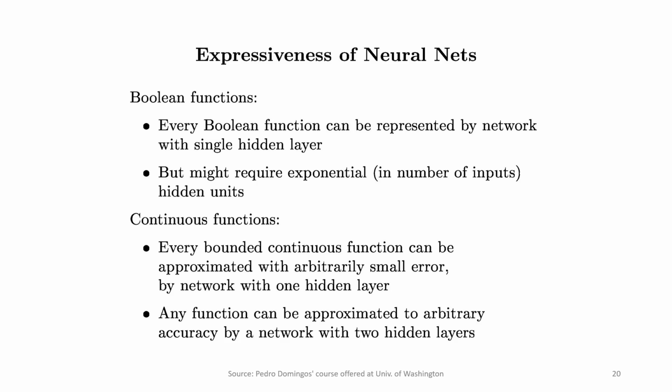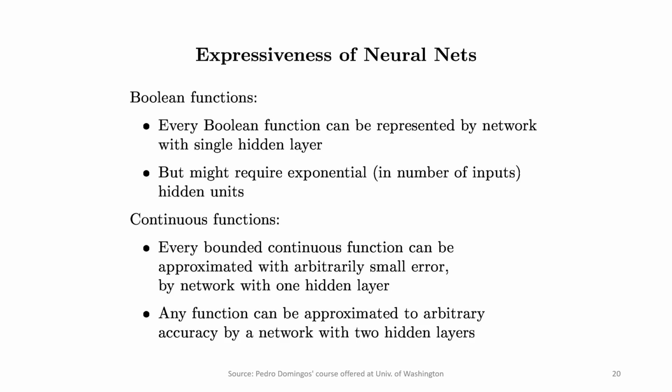But in general, you might require an exponential number of nodes in the number of inputs, the number of hidden units, and that may not be desirable. Therefore, one way to reduce the number of nodes from exponential to much smaller is often to have multiple layers and not just one hidden layer.